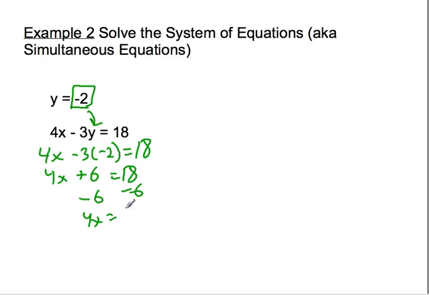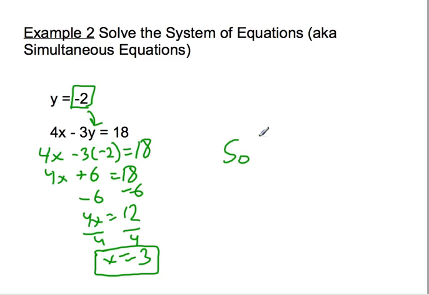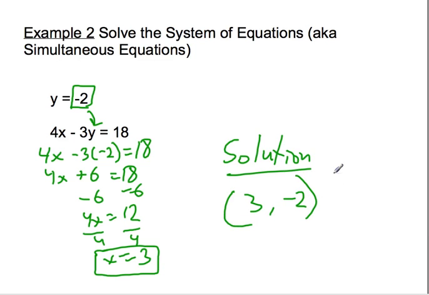We get 4x equals 12, and then x equals 3. And we don't need to do any more substitution because we know that the y value is going to be negative 2, so the solution is (3, negative 2). So that's the solution to that one.